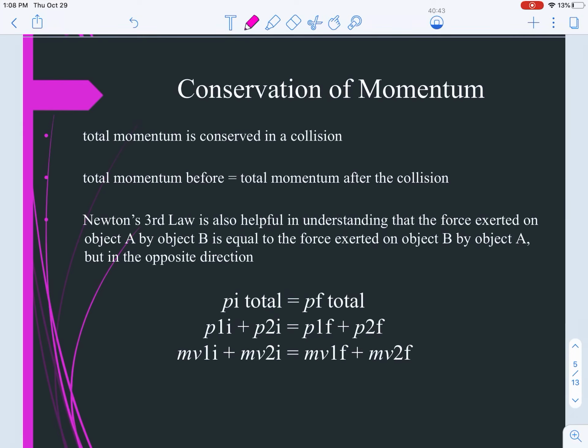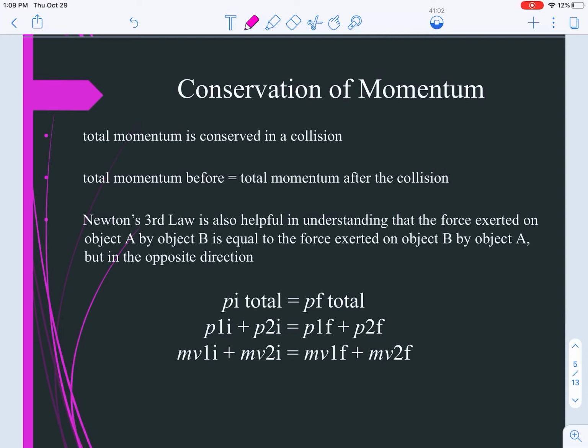All right, so when we say that internal forces do not change the momentum of the system, basically what we're telling you is that momentum is conserved. So conservation of anything, there's lots of laws of conservation of things in science.